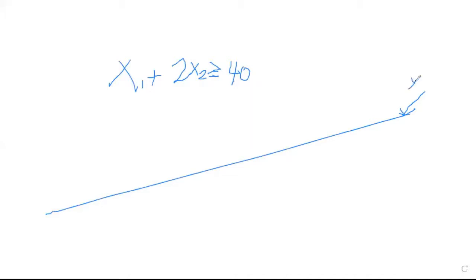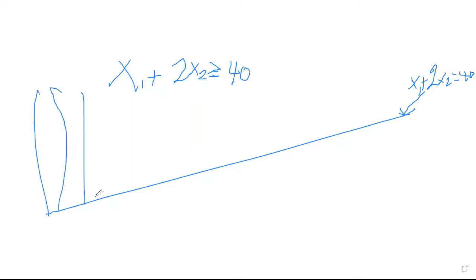So this one becomes x1 + 2x2 is equal to 40. So on the straight line, it becomes the equal sign. Then when it is greater than, you shade upwards, unlike the less than, where you shade downwards. You get it?